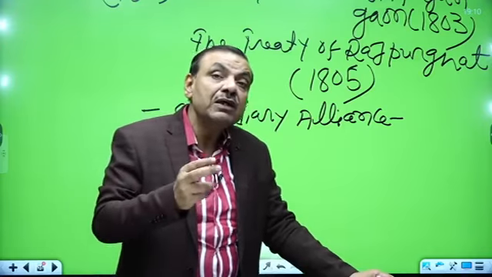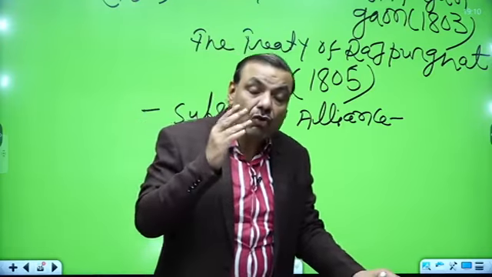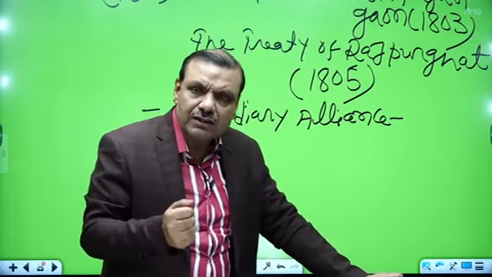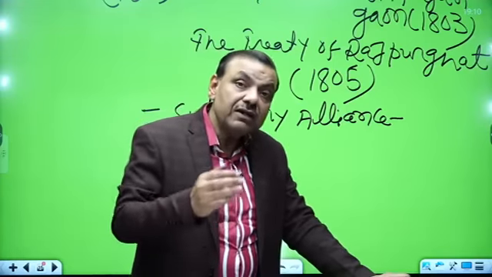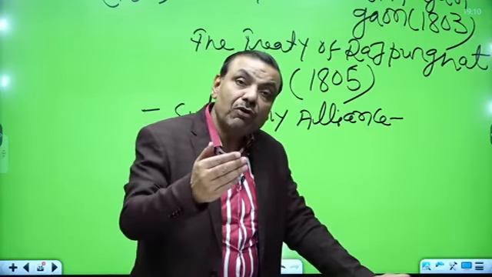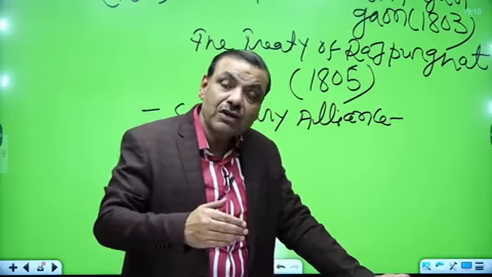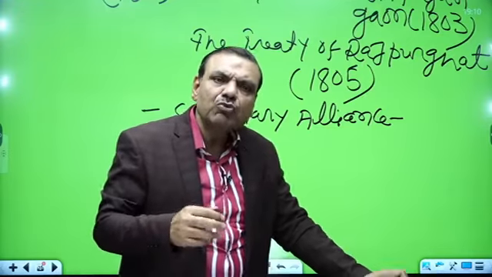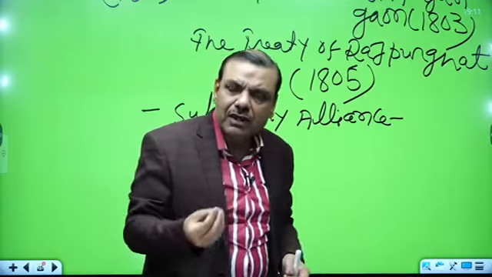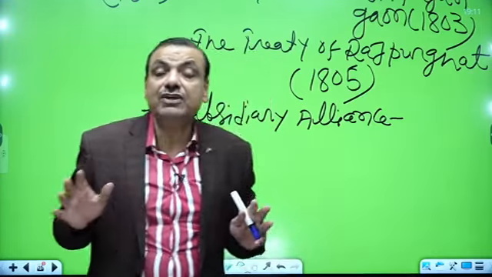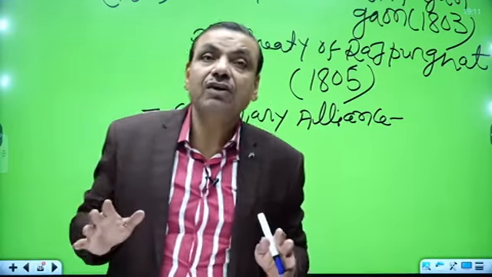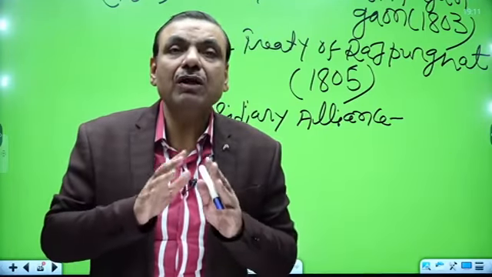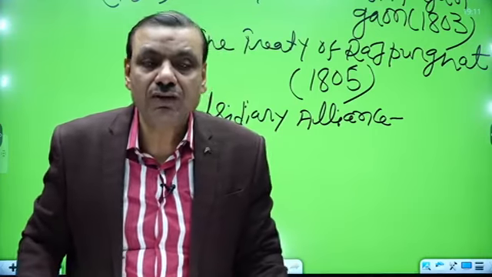For example, in 1787, Lord Cornwallis signed a treaty with the Carnatic state, and in this treaty, the foreign policy of the Carnatic state was subordinated to the company's government. There were some elements, but formally this system started under Lord Wellesley. So keep in mind Lord Wellesley was the real protagonist of the subsidiary alliance.